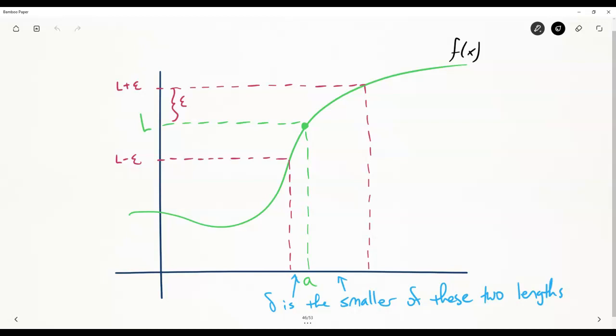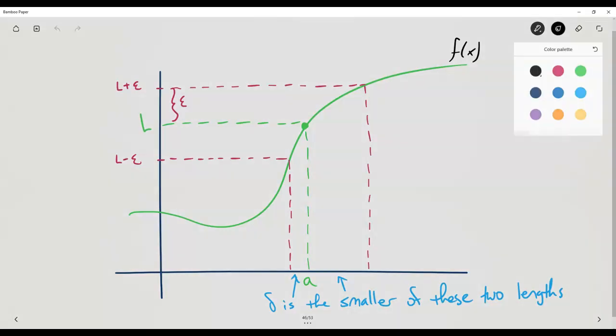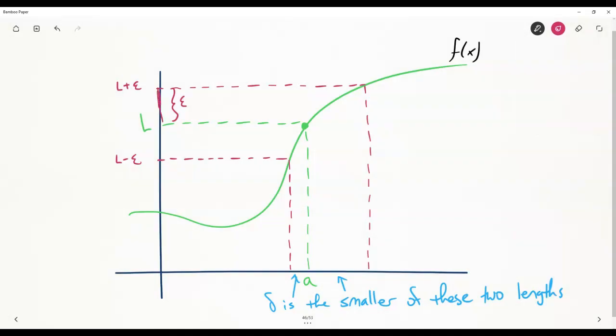It's basically forming a target around the limit value. This is now the target that I want to hit. Right here. Anywhere in this interval right here.